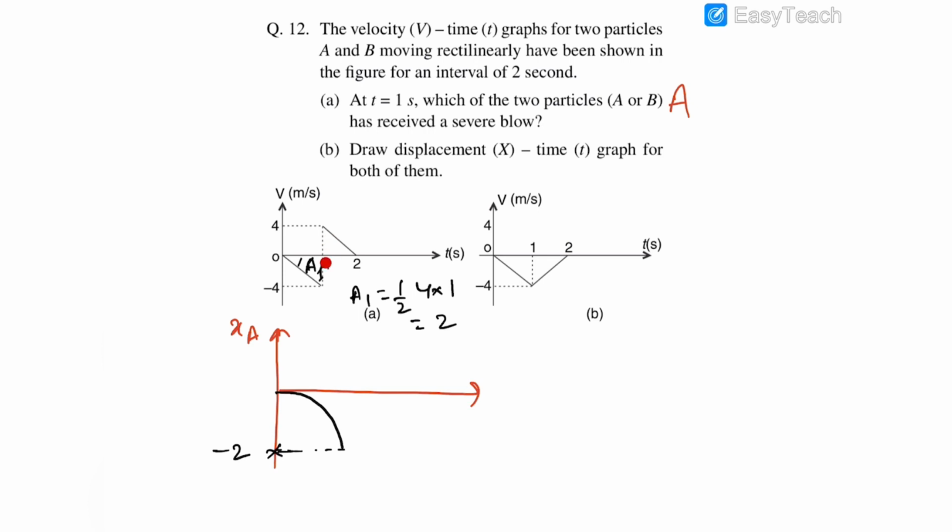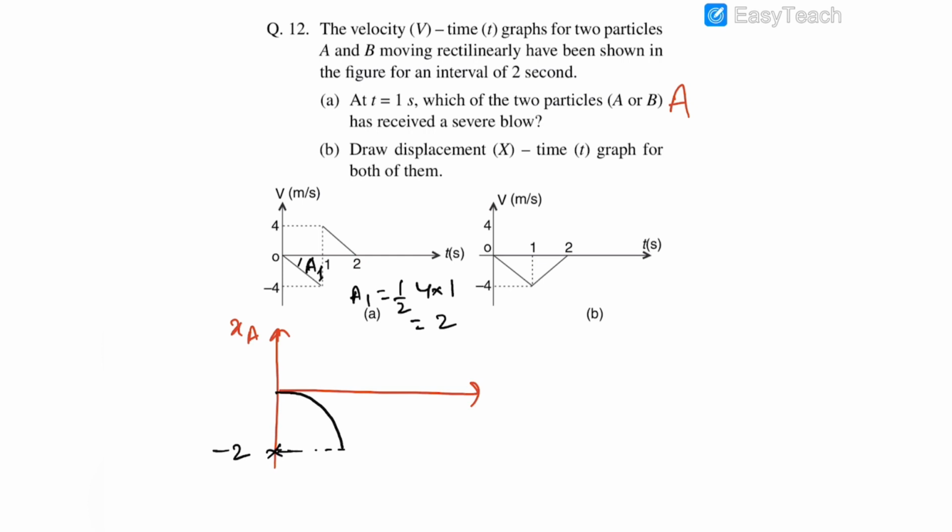Now you can see that in region 1 to 2, this graph is a straight line again going in the downward direction. Therefore, the displacement-time graph will again be a parabola opening in the downward direction, but its base would be at 2.